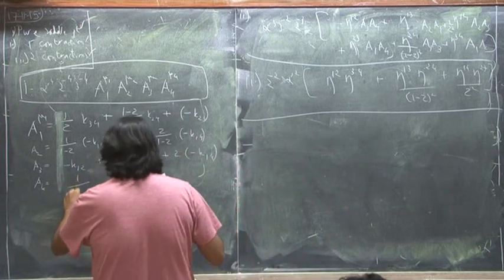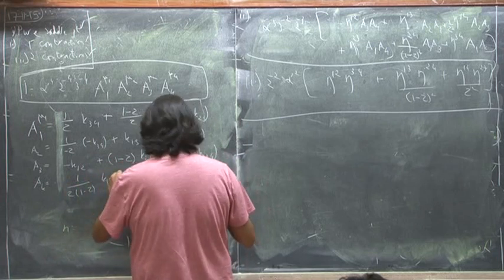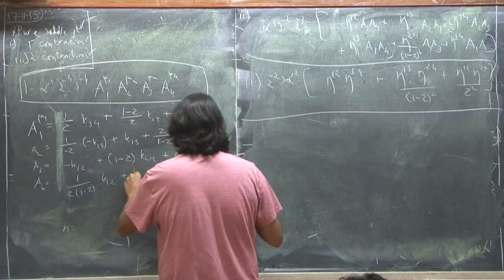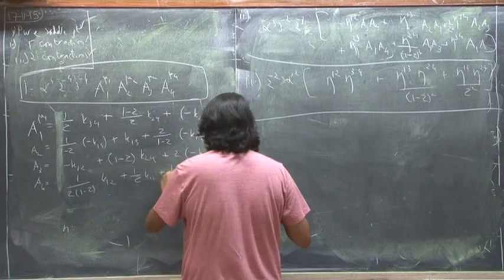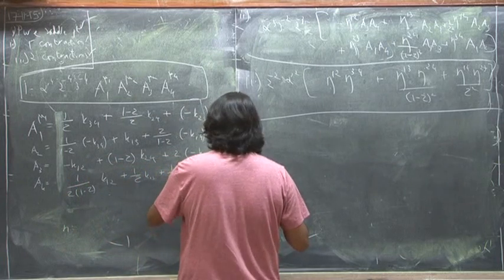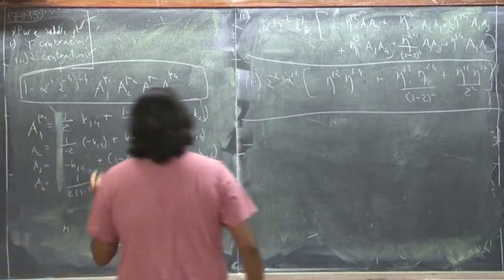Let me show you how I did. K12 plus 1 by Z K13 plus 1 upon 1 minus Z. Right. So now we have to do a perpetual multiplication.